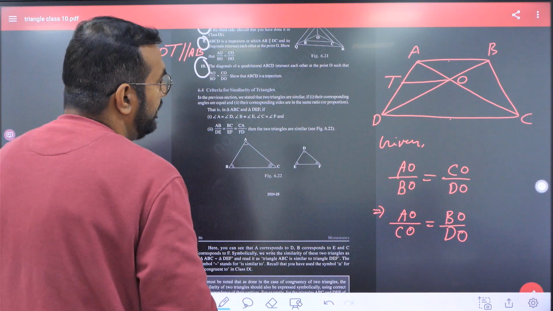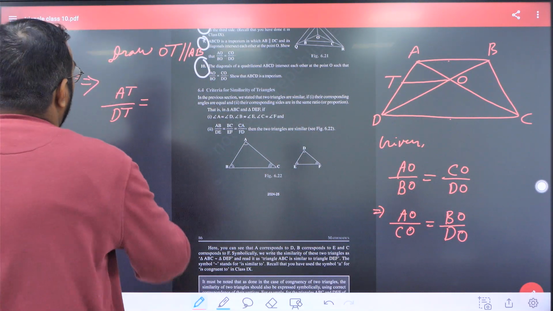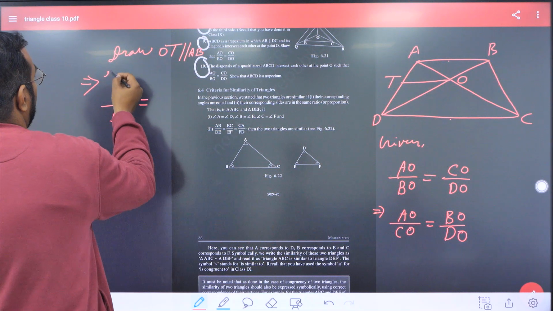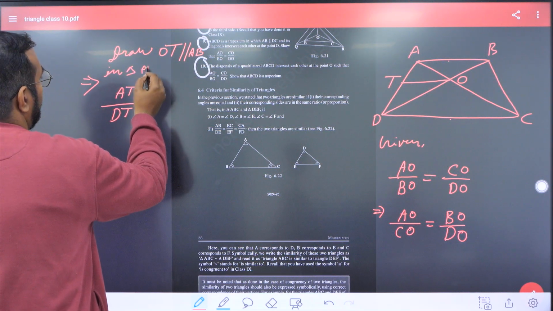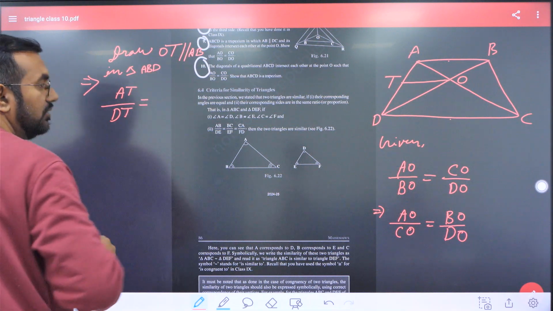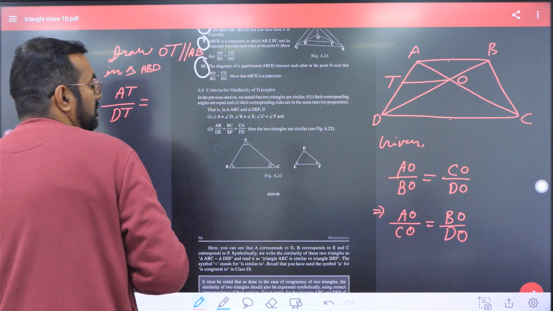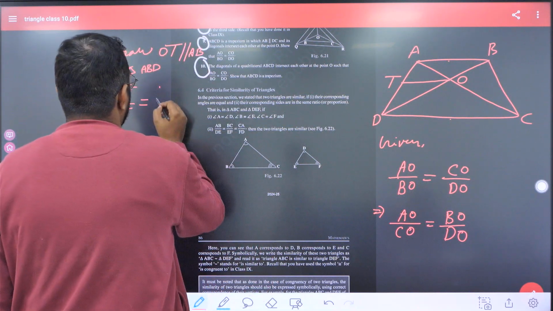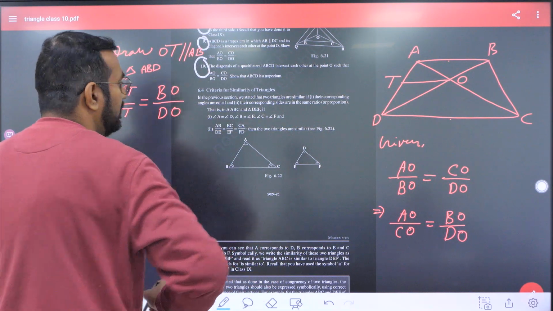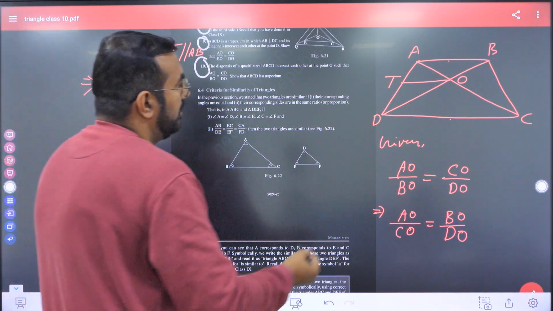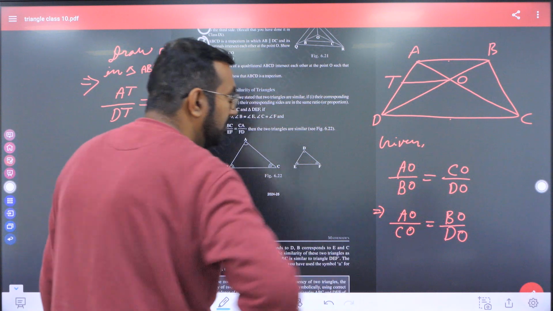In which triangle? In triangle ABD, AT upon DT is equal to BO upon DO, right? Yes, AT upon DT is equal to BO upon DO.